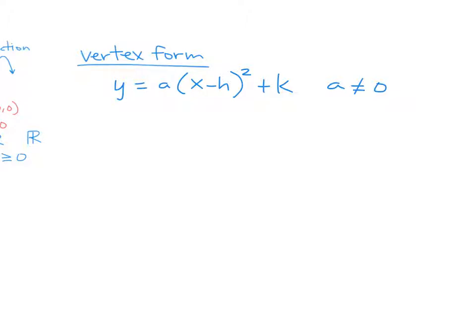Just make sure the squared does not mean h squared, just x squared. It's saying, if you were to work it out, (x minus h) squared is x minus h times x minus h, which would be x squared minus xh minus xh plus h squared.